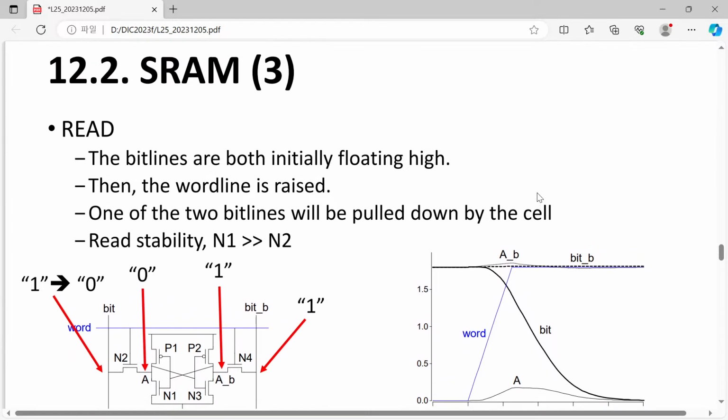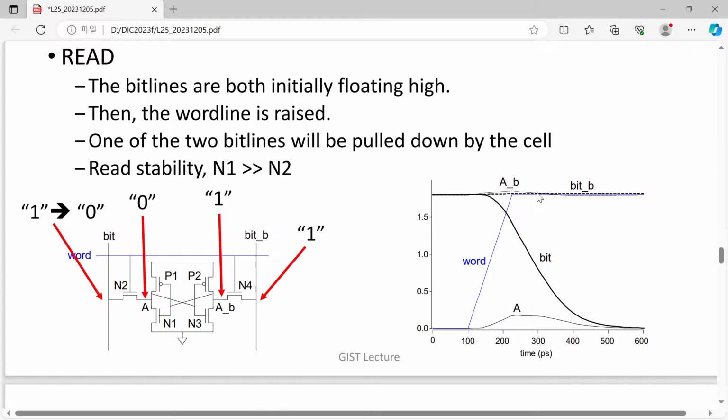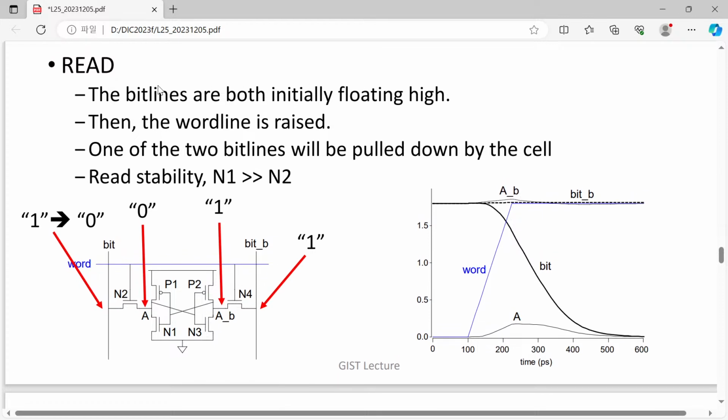Now think about the read operation. How can we read this? Here we have the bit lines. Why do we have two bit lines?